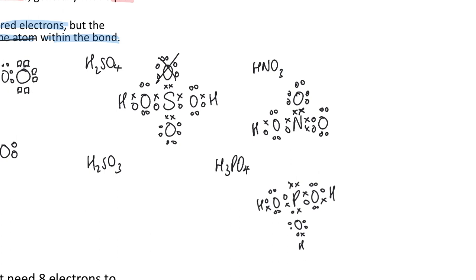So now the phosphorus has its full 8 electrons, 1, 2, 3, 4, 5, 6, 7, 8 with 3 single bonds. However, another oxygen will tag along and use the non-bonding electrons there to complete its stable electron shell.